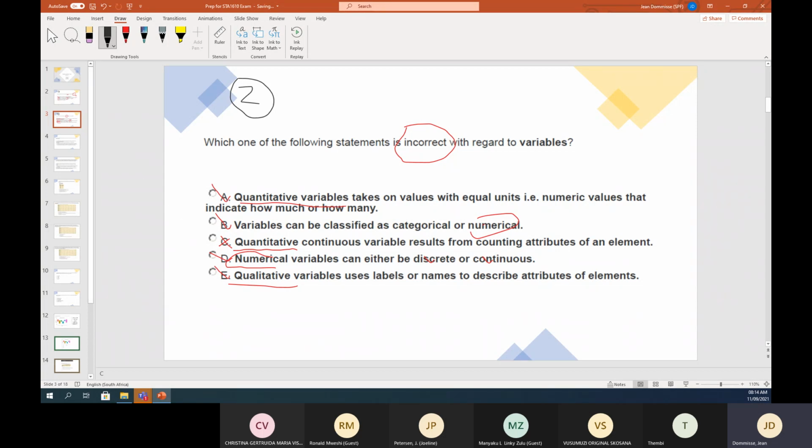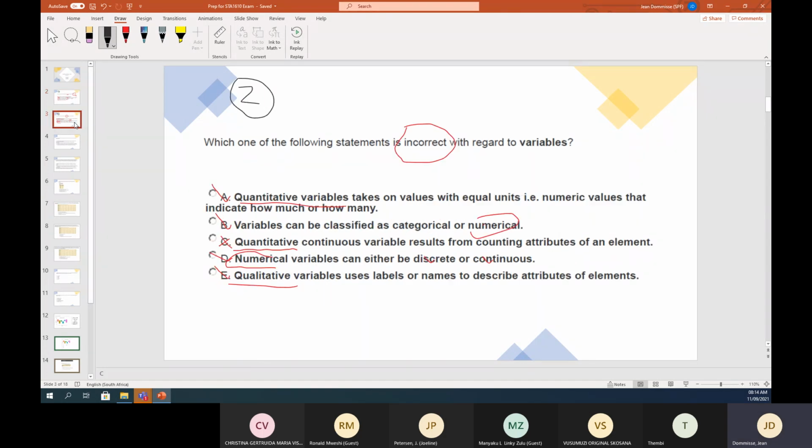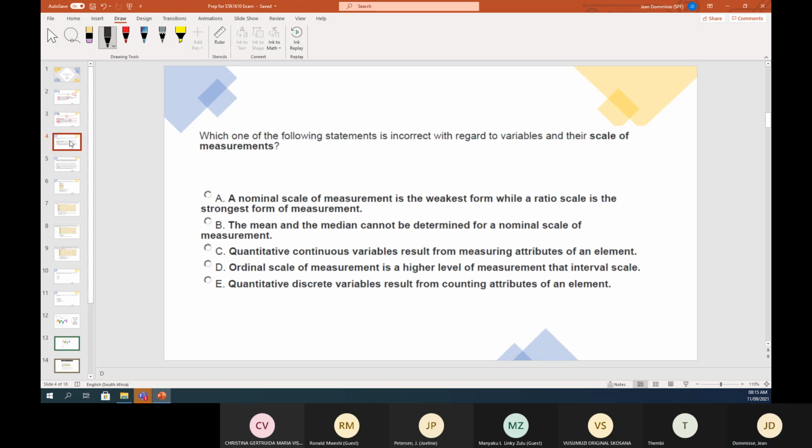The first is the definitions and the differences between population and sample. They can put in a few things on statistics and parameters. The next question can be around the types of variables, and the third one is adding the scales or the levels.